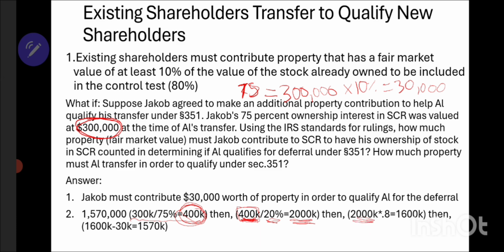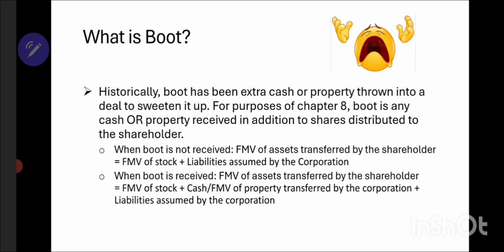Once we find that 100%, we multiply it by 0.8, which is 80%, to find the amount that Al should contribute. However, Al is coming in with Jacob, and Jacob is contributing $30,000. So we take that $30,000 away from the amount that Al has to contribute, and then that's how we get the $1,570,000. Okay, that was just a bit of fun though.